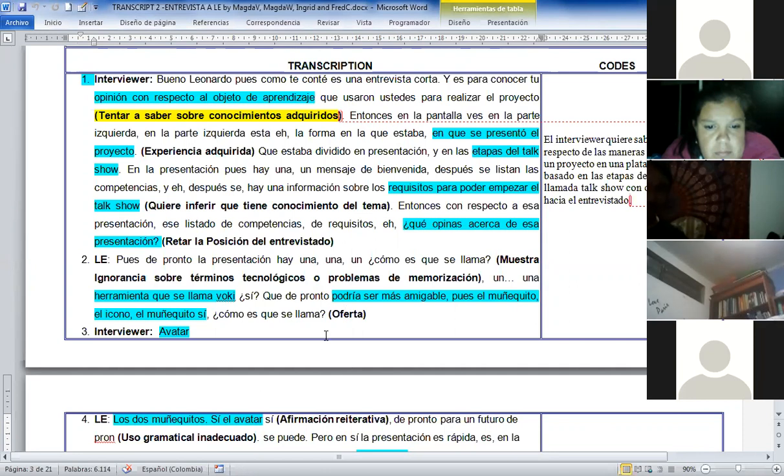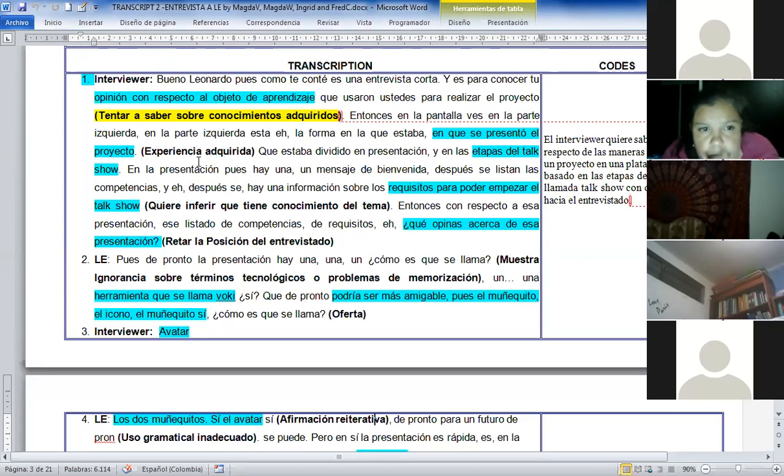So what is in black here is an analysis of the intention of the speaker. So what is intention?